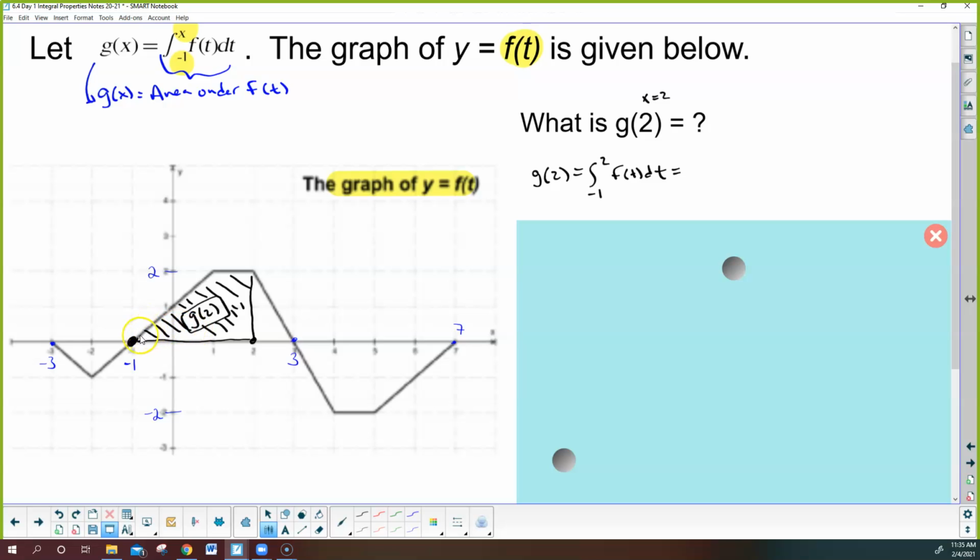Well, this is just a kind of a funky looking trapezoid, or you could split it up and do a rectangle and a triangle. I don't care how you do it, but I'm going to do the area formula of a trapezoid.